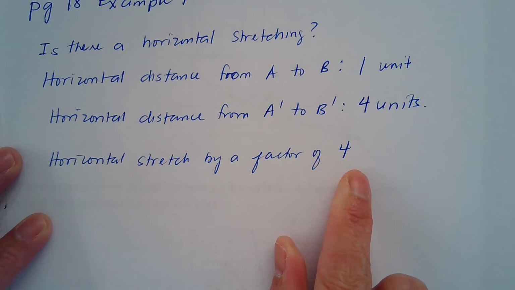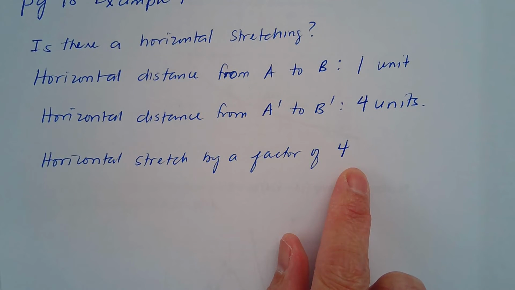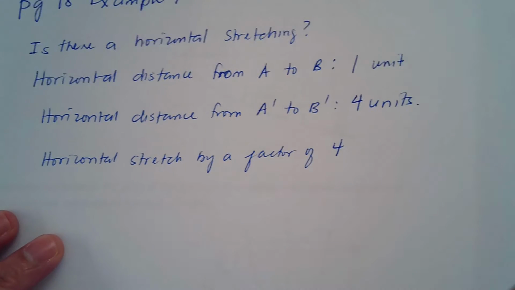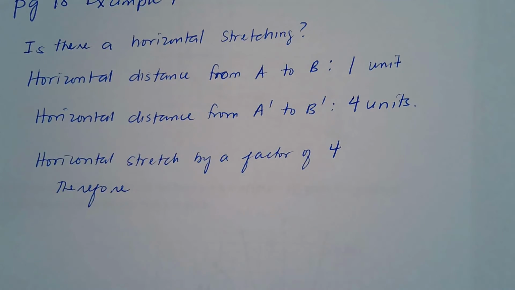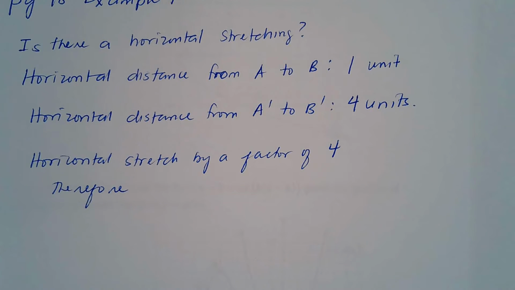Okay, so that means there's horizontal stretching by a factor of 4. Now, because it's a horizontal stretch by a factor of 4, that tells us, therefore, I'm writing everything down, and this is what I'm looking at and also what I'm thinking.